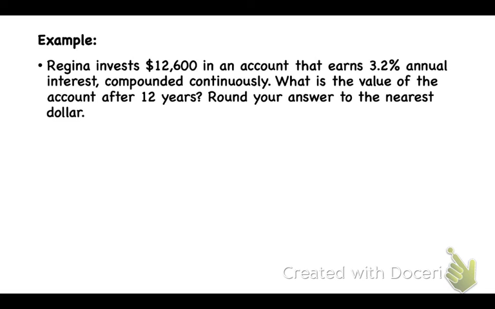I invest $12,600 at a rate of 3.2% annually for 12 years, and it is compounding continuously. So A of 12 equals P E to the RT. Some people say PERT.